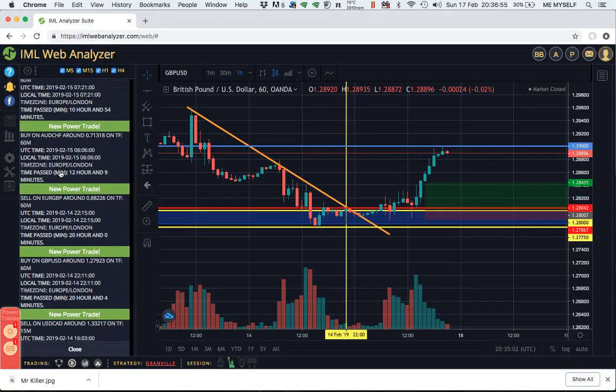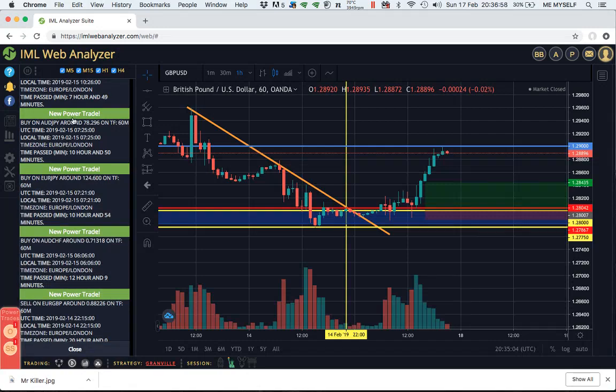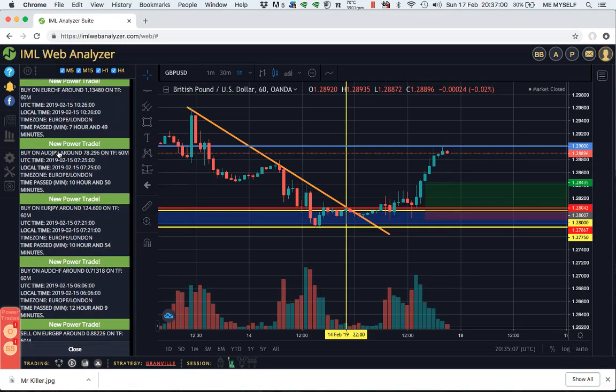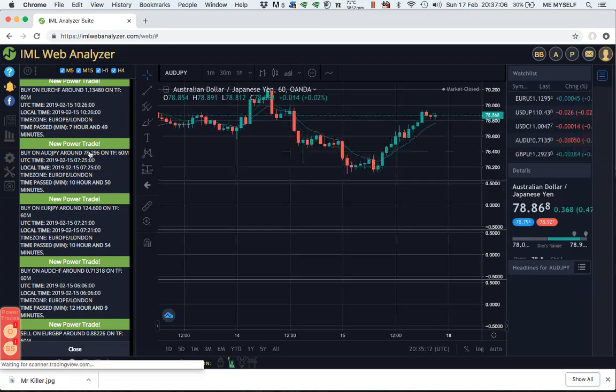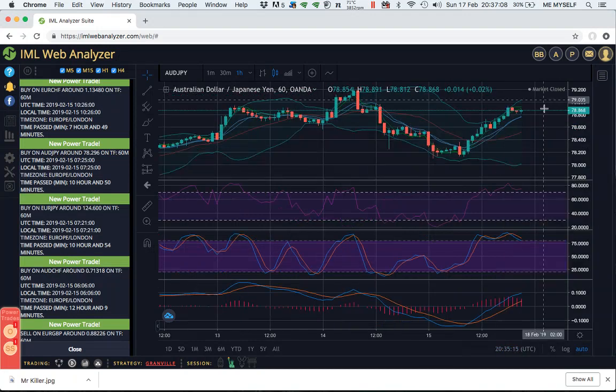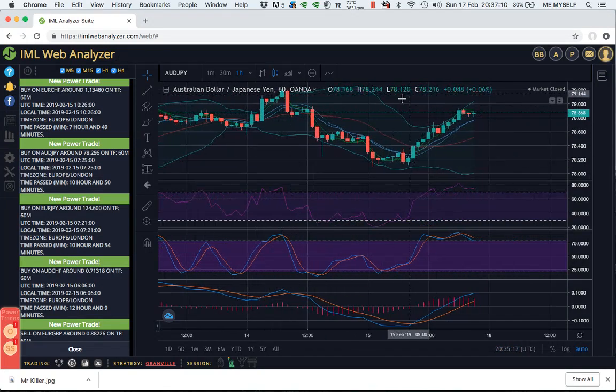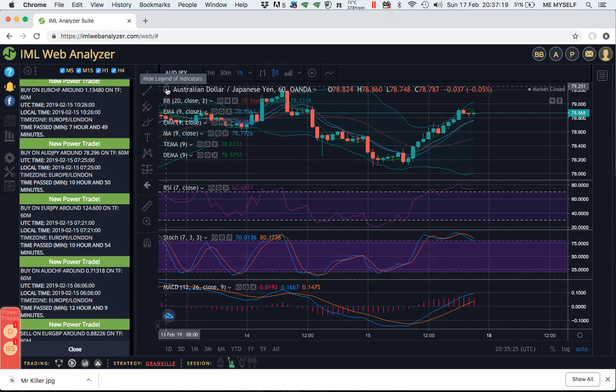So another power trade, AUD JPY, was called for a buy. So let's check that out on the 60-minute time frame as well. And literally, all you need is two of these power trades per day, and you're good. You are good.